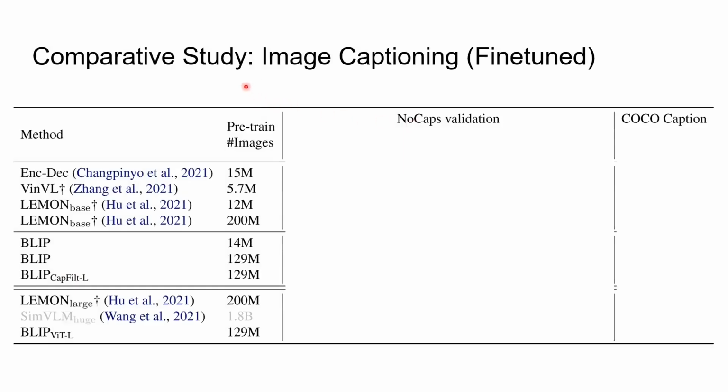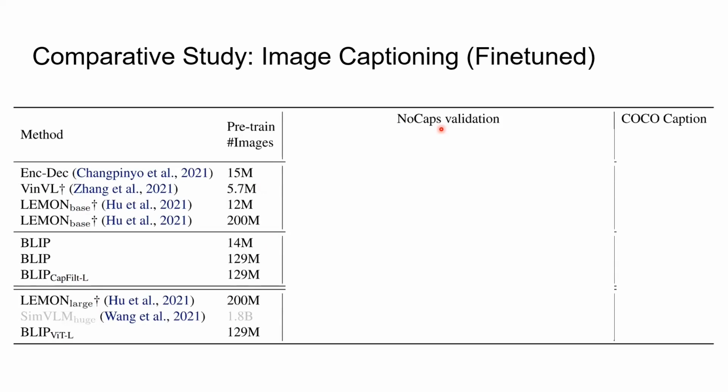If we move on to this study, which is for image captioning with fine-tuned methods, here you can see the method, and here you can see the number of pre-trained images. This is on the NoCaps validation dataset, which is pretty interesting because instead of just looking at the overall performance, you can also look at individual subsets of the data set and see how the performance was.